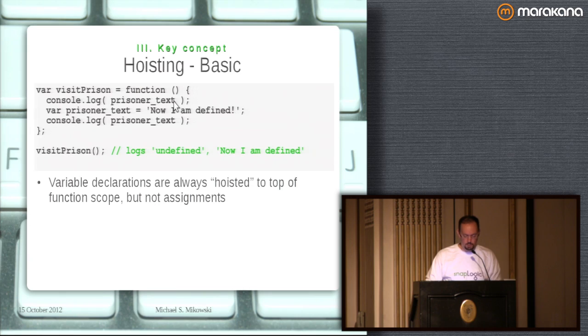But in this example, and as I mentioned earlier with JavaScript, since all declarations are hoisted to the top of the function, this prisoner text variable is defined, well, it is declared, and it has a value of undefined. So in the first log, it will show up as undefined. In the second log, the declaration, which is order dependent, comes into play, and the declared variable is shown.